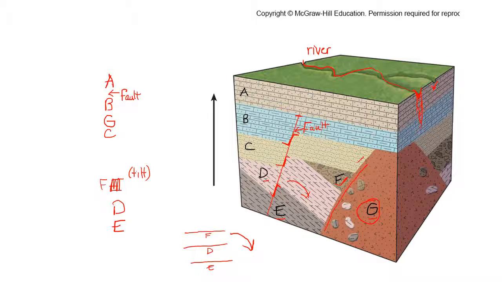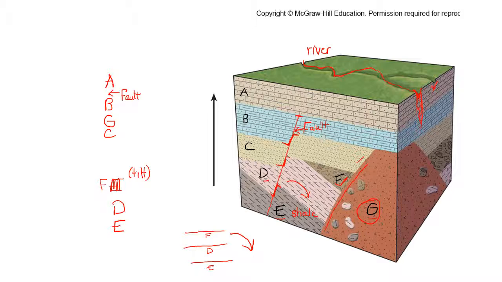What type of rock is E most likely to be? I gave you four choices: marble, quartz, granite, and shale. In this case, we're looking for a sedimentary rock, and so from those choices, shale is your best choice. What kind of rock is G? I mentioned that G intruded upon everything with this cross-cutting relationship. It's not a sedimentary rock.